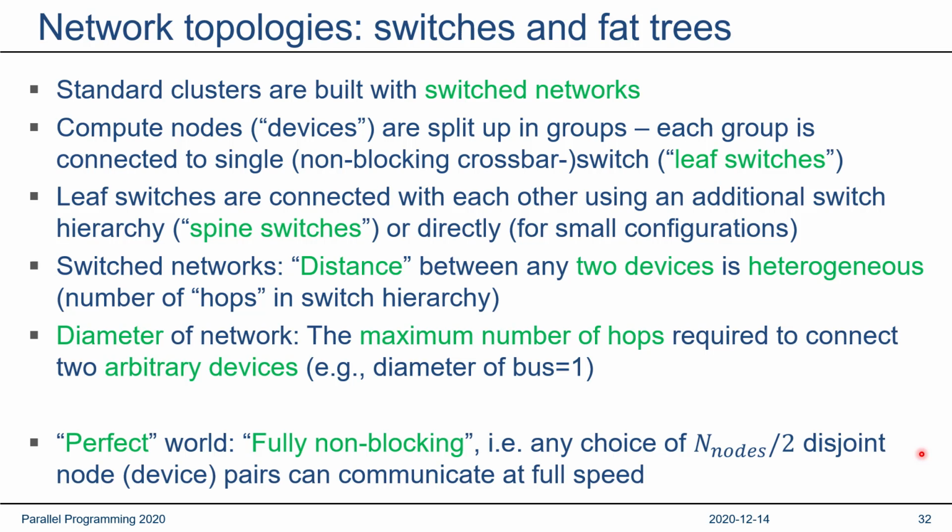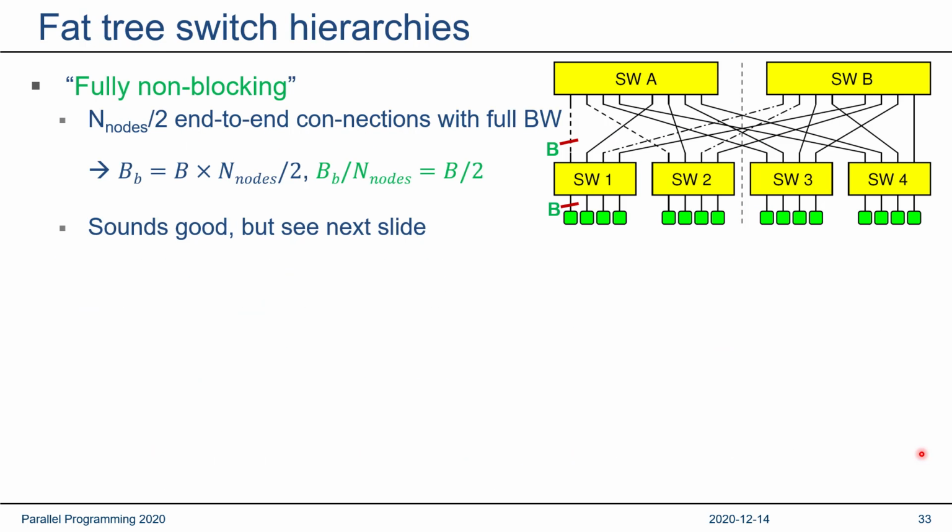Now, in a perfect world, we can build fully non-blocking switch hierarchies, which means that if you choose n/2 disjoint pairs of devices, they can communicate at full speed. So the whole switch hierarchy is able to mediate n/2 connections with full speed. Here's an example where this should actually be possible. It's called a fully non-blocking fat tree switch hierarchy. We have a leaf switch layer with 4 switches here.